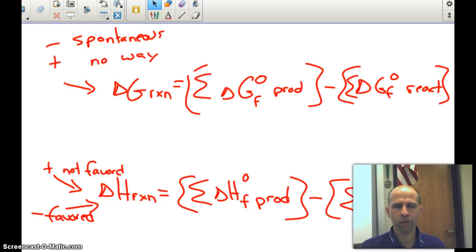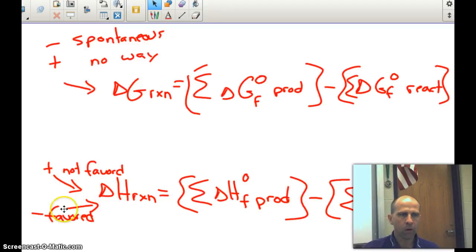Anyway, for the free energy change for a reaction, if you know all of the standard free energy changes to get the product chemicals, and you subtract the free energy changes for all the reactants, that's the only one I haven't done for you yet. I did one with enthalpy, basically doing the same thing right here.